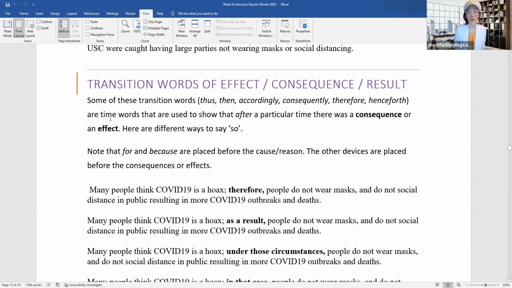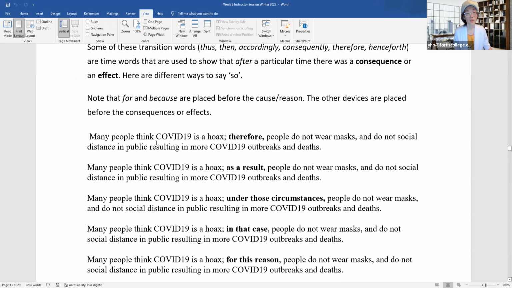Transition words of effect, consequence, and results. Some of these transition words, thus, then, accordingly, consequently, therefore, henceforth, are time words that are used to show that after a particular time, there was a consequence or an effect. So in other words, these are all different ways of saying so. Many people think COVID-19 is a hoax.